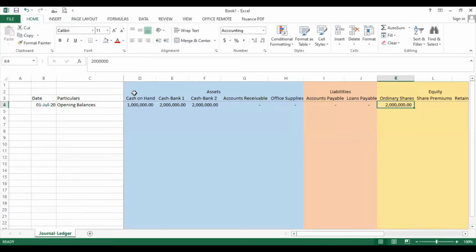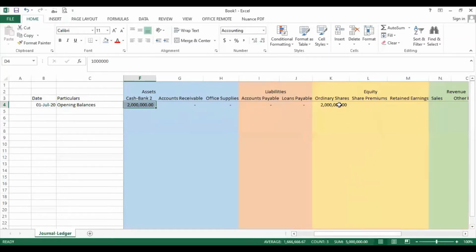That means if your total assets here is 5 million, and your ordinary shares is 2 million, your share premium is 3 million. Since this is the start of the business, of course, we don't have retained earnings yet.